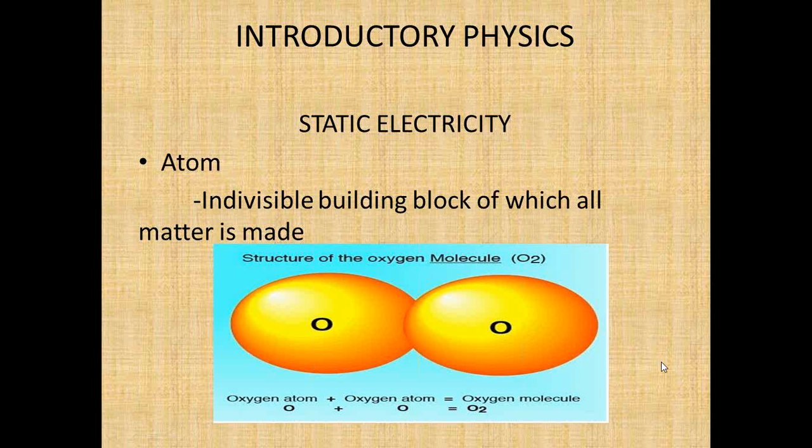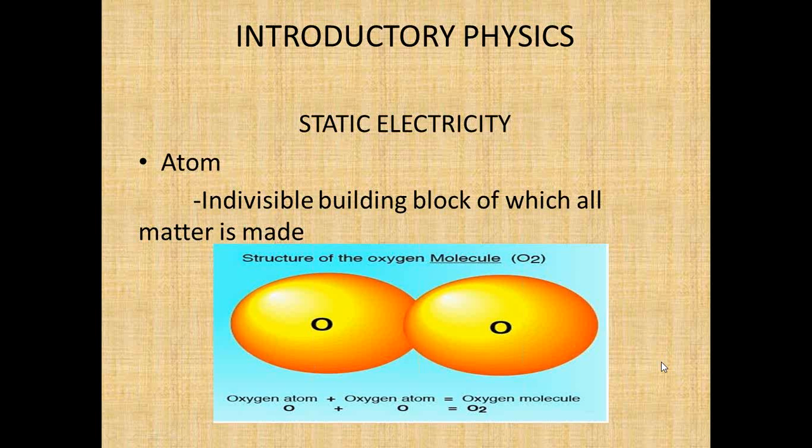Okay, so the earlier philosophers and physicists came up with the idea that the building block of matter is a very tiny particle, and that particle was called the atom.